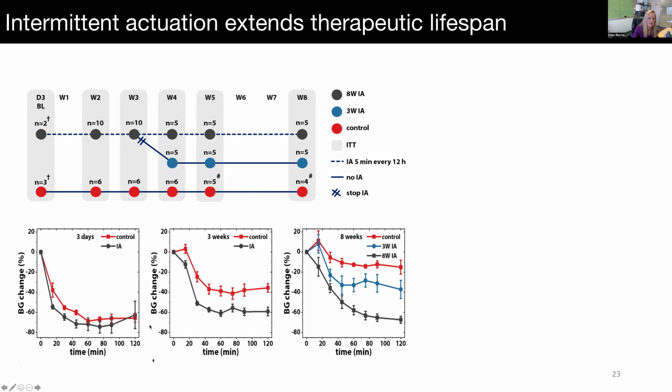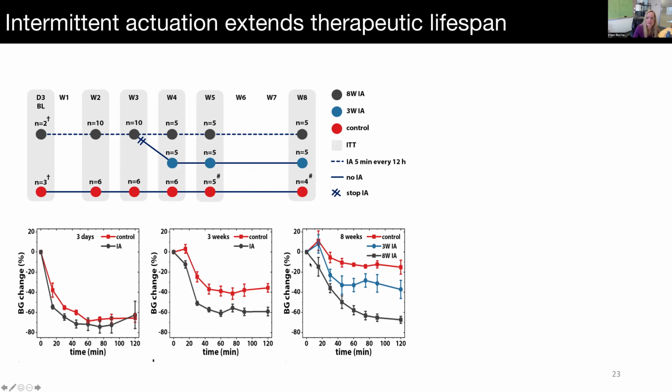So at 3 days, both the actuated and the control group are pretty similar. You start to see a little bit less of a response in the control group, but quite a similar overall drop in blood glucose and a similar time to get that drop. Now, if you look at 3 weeks, you can see that the control group has a slower response and changes the blood glucose less in the 2 hours post-insulin delivery.